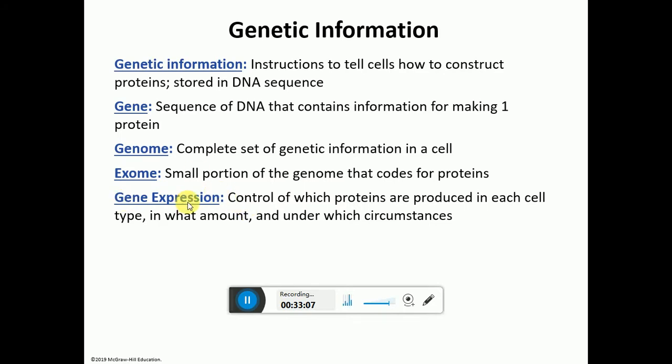And gene expression means which genes are we going to express in which cells. I'll give you an example of that. First off, know that all of the genetic information is found in each and every single cell of the body, which means your liver cell has information on how to make nails, but our liver does not make nails, obviously, or hair. That's because these genes are not expressed in the liver.